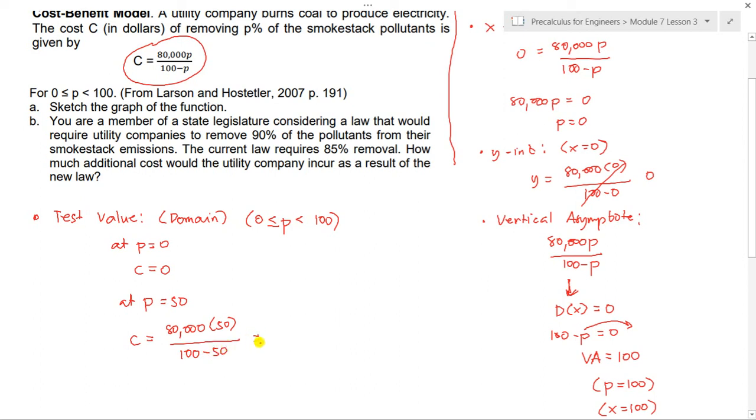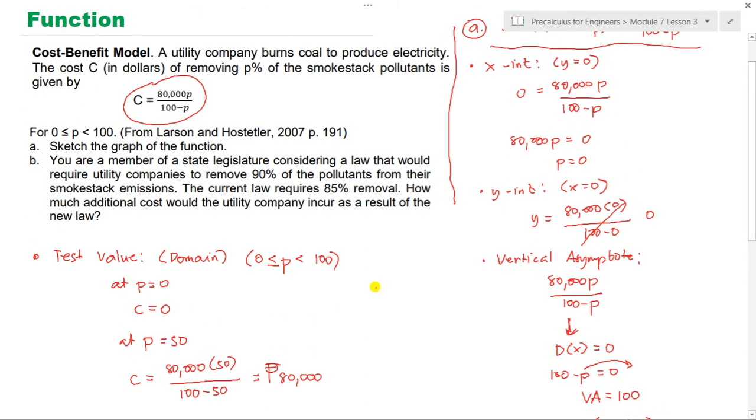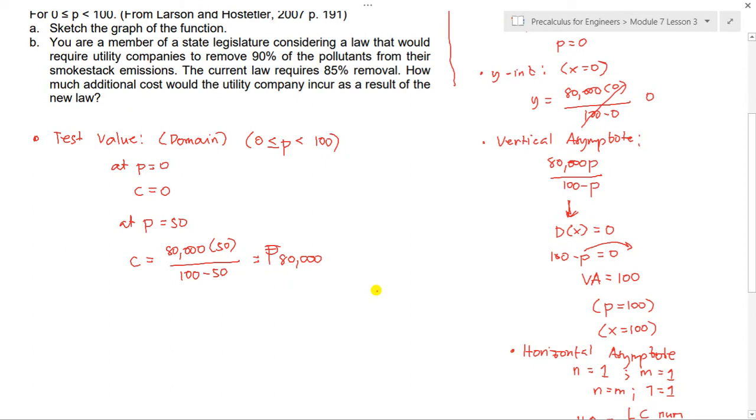So the cost here is 80,000 times 50 divided by 100 minus 50. So the answer is 80,000 na gyapon. This one is 80,000. I think in pesos. Okay, so mauna siya. So therefore, we can say that the answer is positive.